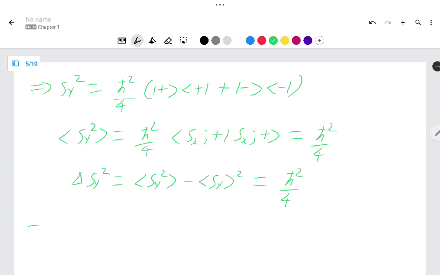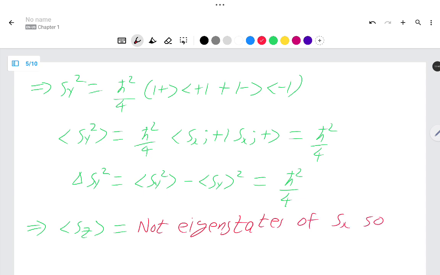And we can again write the same thing for Sz: since these are not eigenstates of Sz, the expectation of Sz is 0, but Sz square will give me h squared by 4.